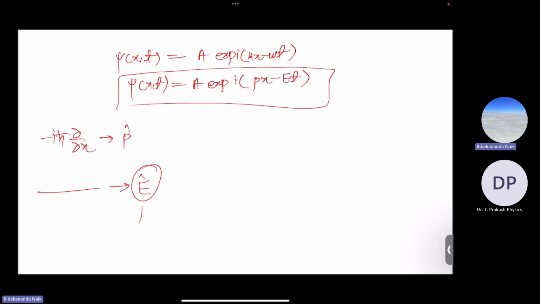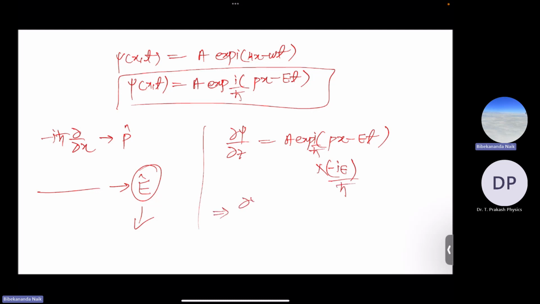First, take the derivative with respect to t, del psi by del t. It will be the exponential of i(px minus Et) times minus iE by h cross.